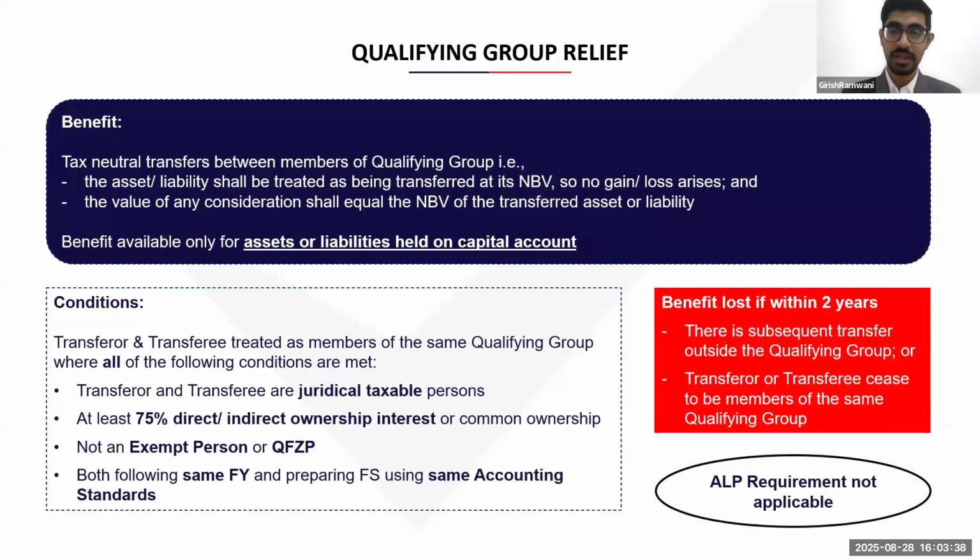Now, qualifying group relief. This is the fourth election option provided under the corporate tax law in the corporate tax return. What is qualifying group relief?